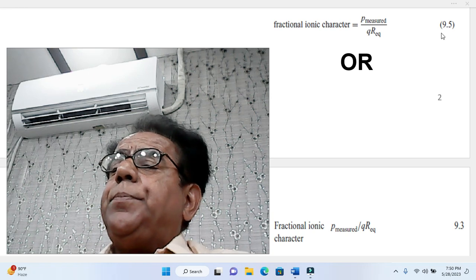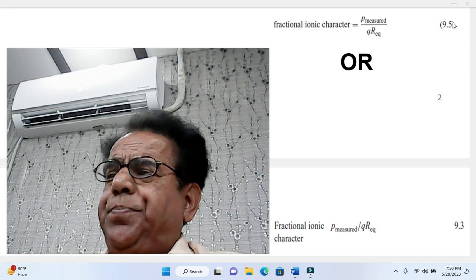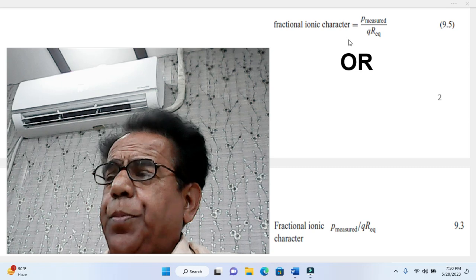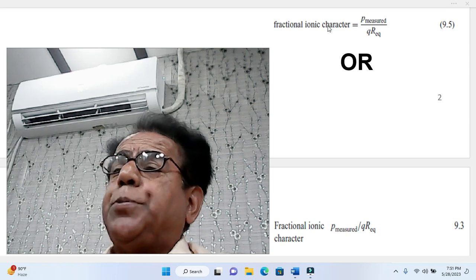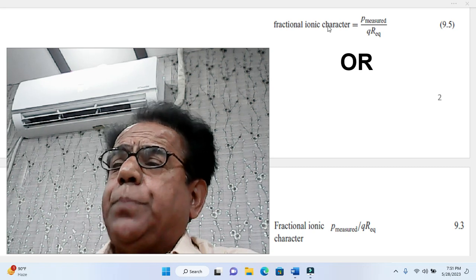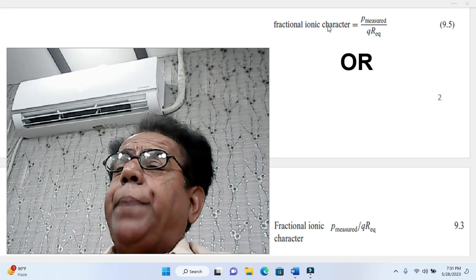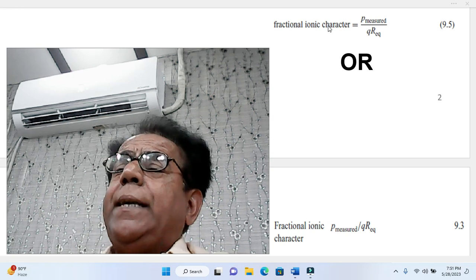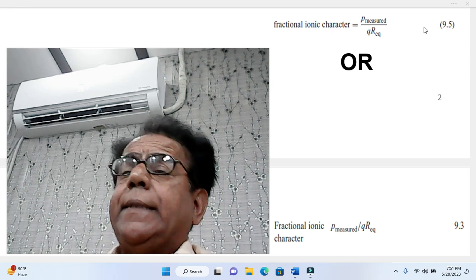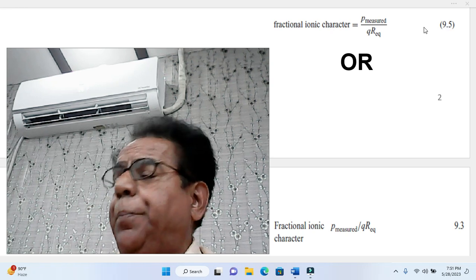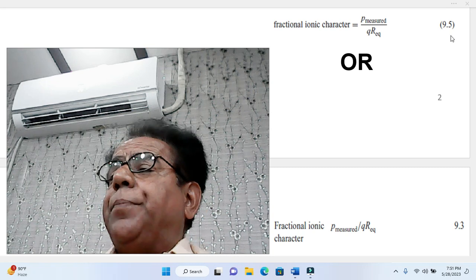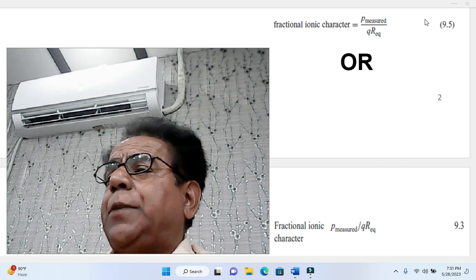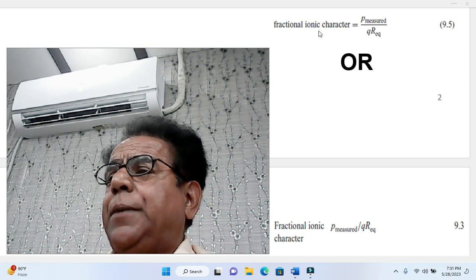This snapshot has been selected from the book Modern Physics by Kenneth S. Crane, and in the end of ninth chapter a summary is given. From that summary this equation has been chosen.